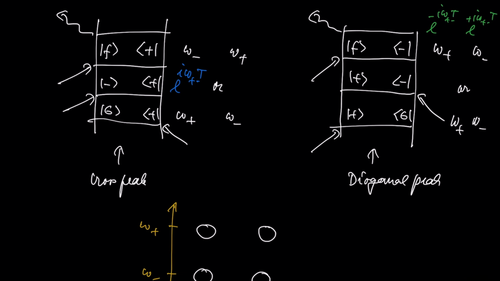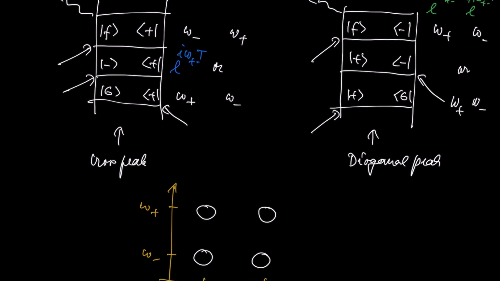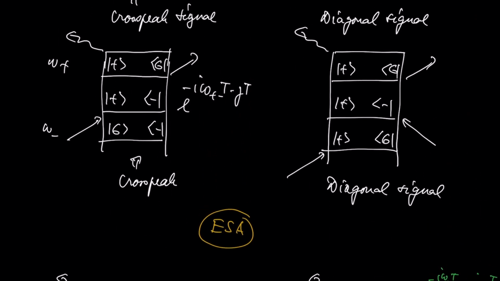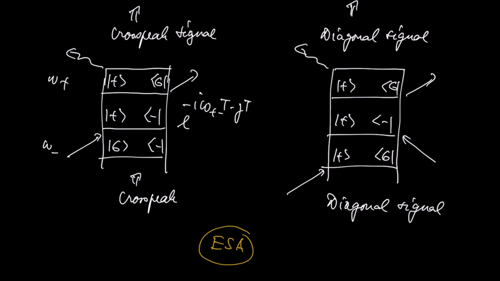So again, the convention usually is that the positive frequency is in the e to the power of minus i omega t. So then the contribution from the excited state absorption on the diagonal peak plus, that's the one here, will be positive. So here we have plus, and then we have also diagonal peaks again.